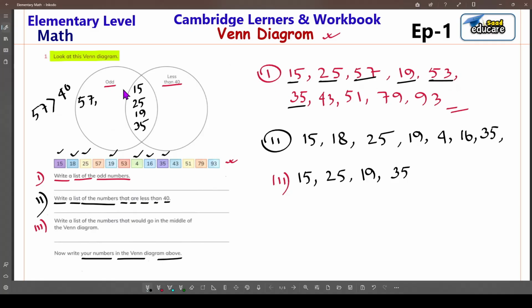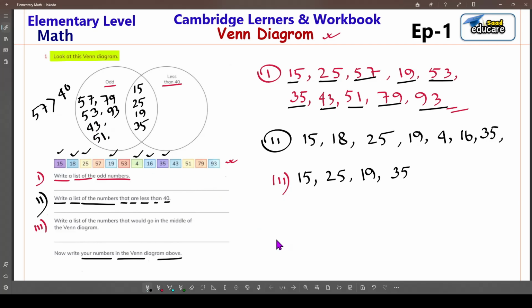Then 53. 53 is also more than 40 and an odd number. Then 43, here also 43. 51, 79, then 93.